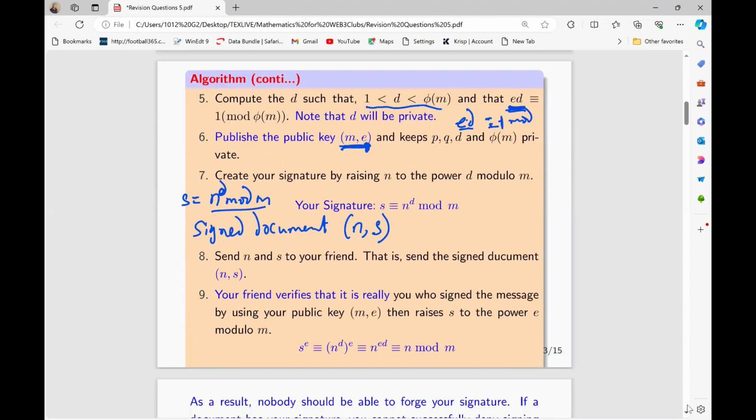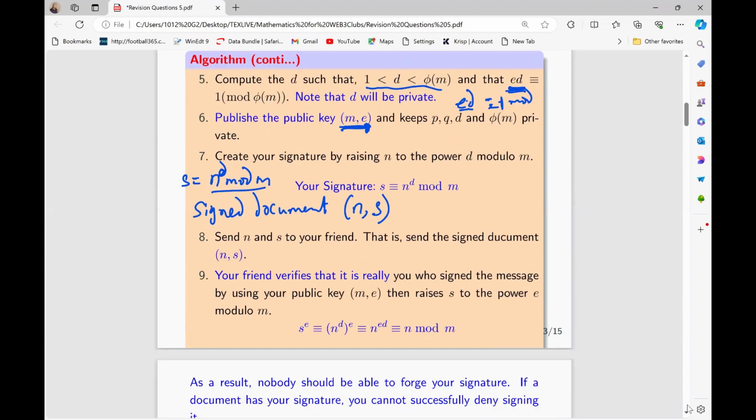Once you've signed, you send it to whoever you wanted to send it to, and that person will want to verify that this document has been signed by you. So how does this person verify? To verify, you take this signature and raise it to the public key, E, and see what you get.